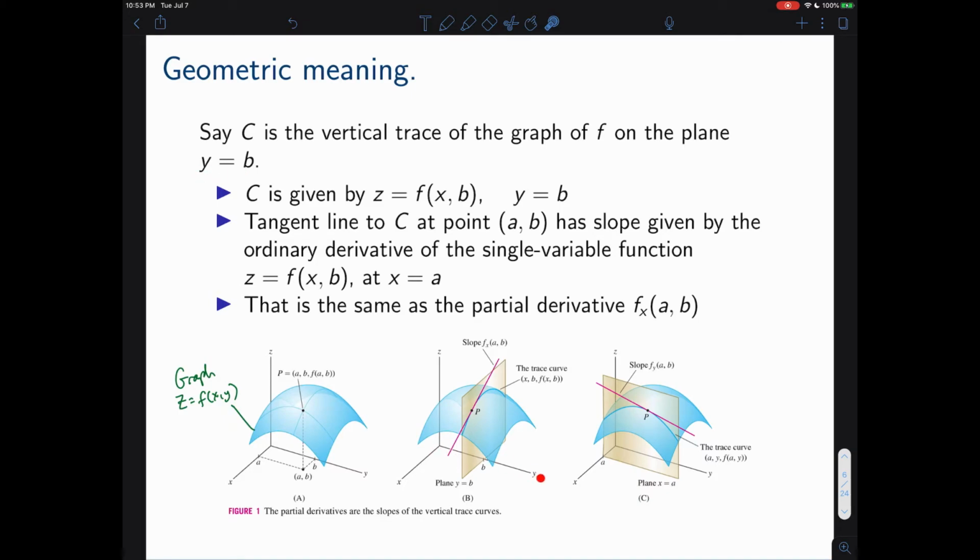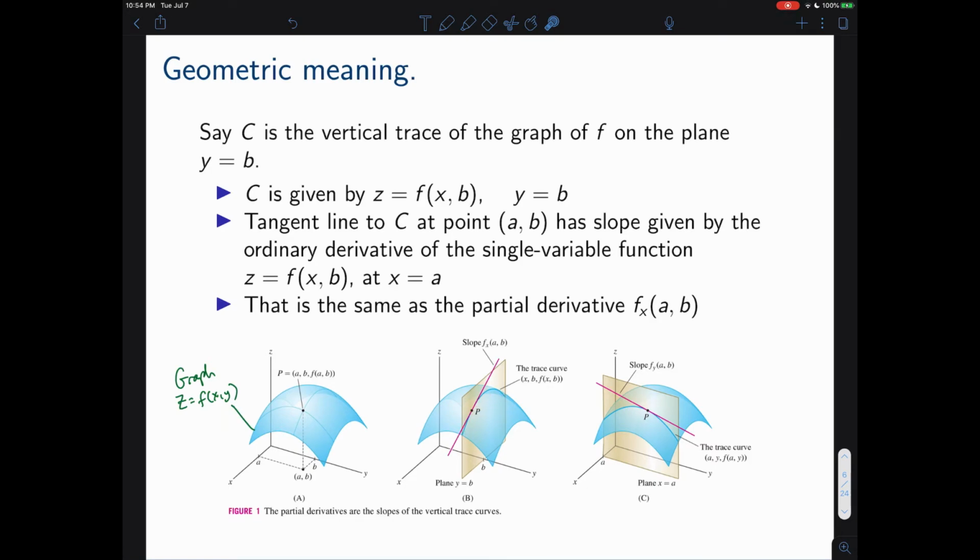So on the y-axis, we're marking the value b and just setting y equal to b, but x can be anything and z can be anything. So we get this vertical plane. This is the plane y equals b. Oh yeah, it's printed here, the plane y equals b. And that cuts through the graph along one of the two trace curves that was shown in the first image.